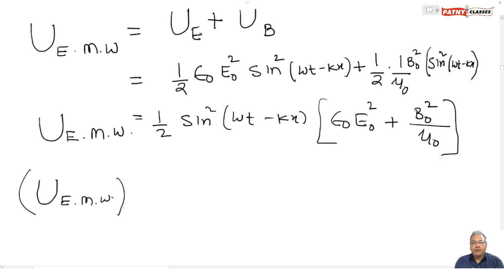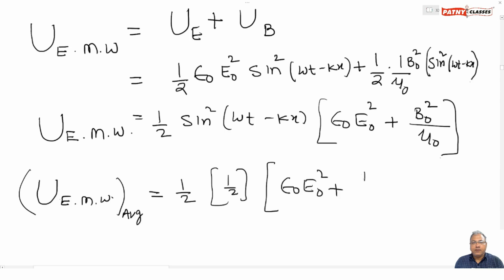Therefore, the average energy density of the electromagnetic wave is half, since the average value of sin square (omega t minus kx) is half, times epsilon E naught square plus B naught square divided by mu naught.